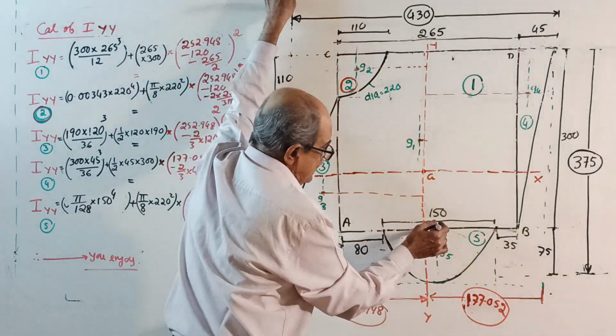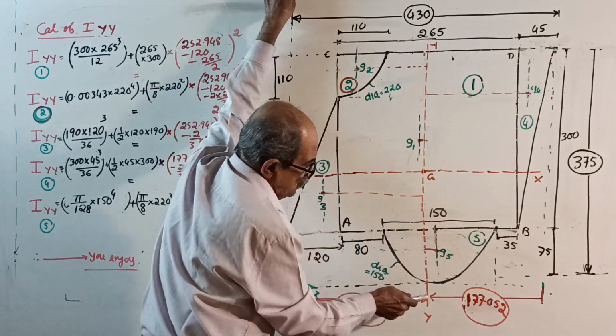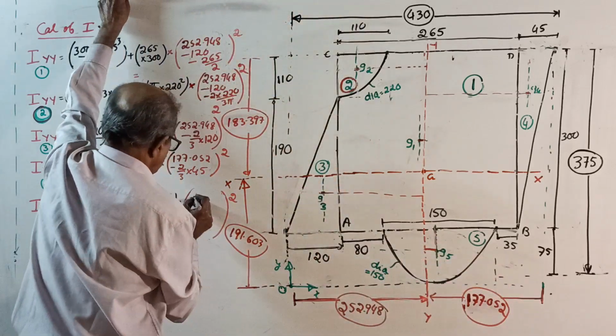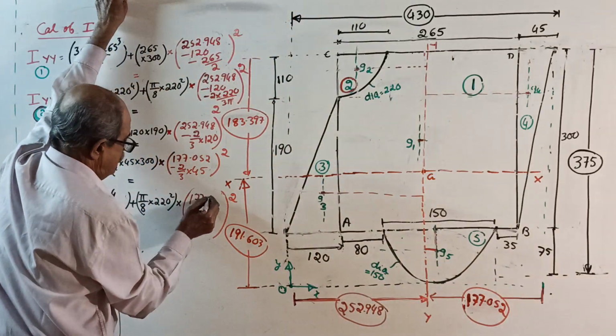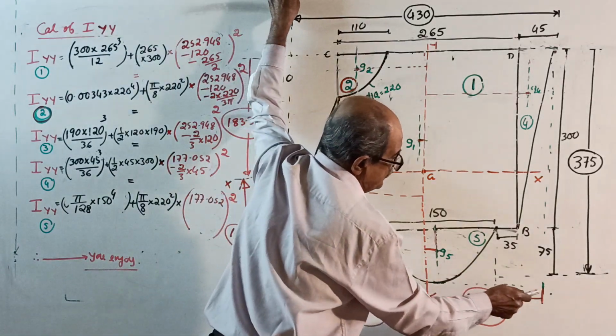Lastly, I about its own axis plus area into this distance square is 177.052, see, this full distance.